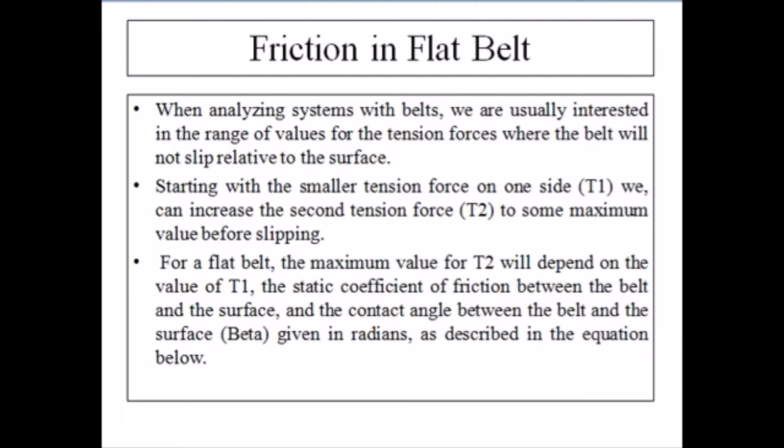Now some theory about the same figure. When analyzing systems with belt, we are usually interested in the range of values for tension forces where the belt will not slip relative to the surface. Starting with a smaller tension force on one side, that is T1 on one side of the cylinder, we can increase the second tension force to some amount before slipping.